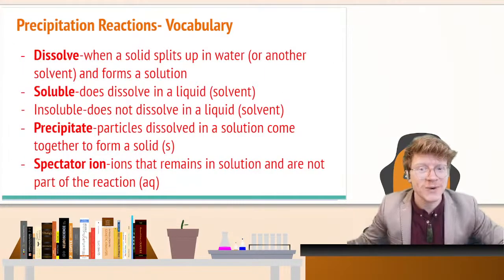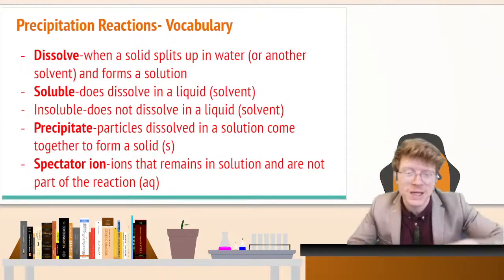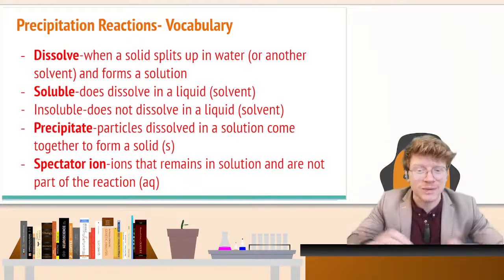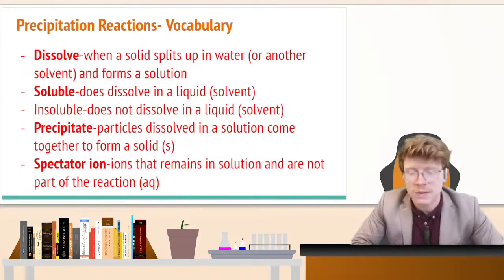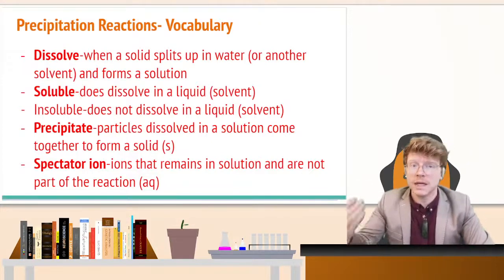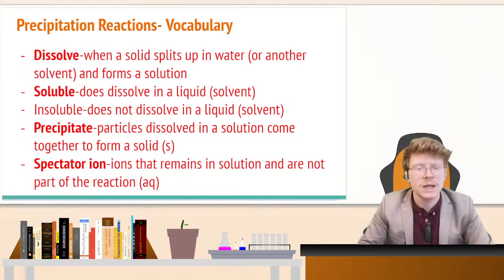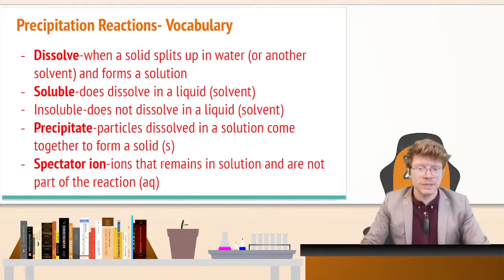Other terms you might need to use are the term dissolve. When you put some solute into a solvent, it dissolves. Use that term. Don't just say you kind of throw it in there or something. Use the chemical terms. Soluble: if something can be dissolved in a solvent, then it's soluble. If it's not able to do that, it's insoluble.